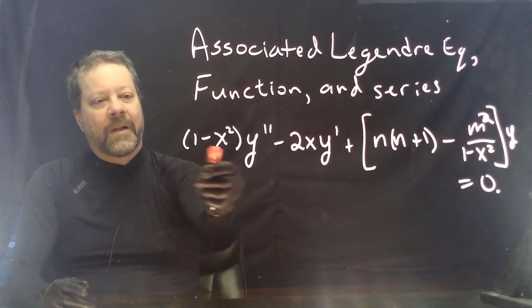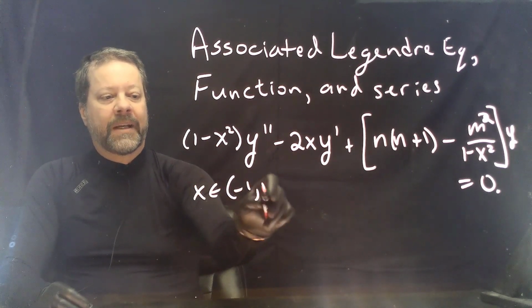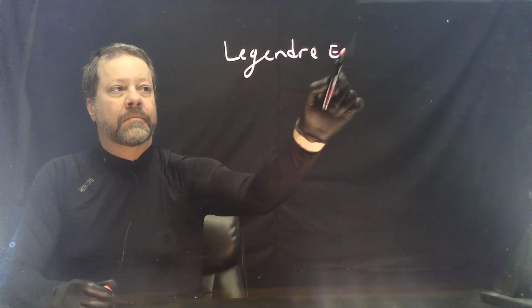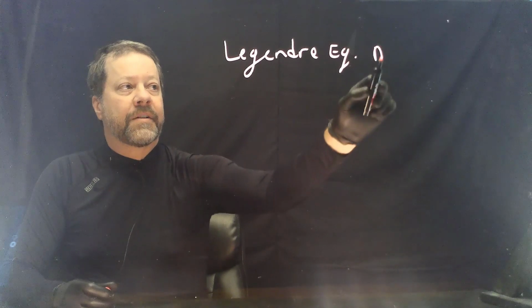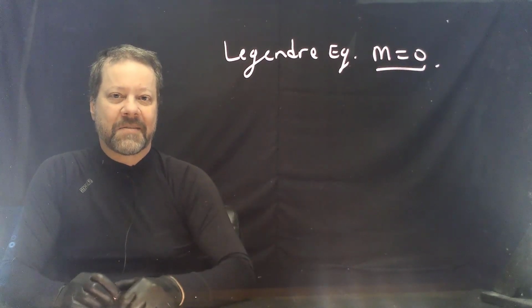Here, we'll have to take x values between -1 and 1. For the original Legendre equation, the only difference is m equals 0 in that case.